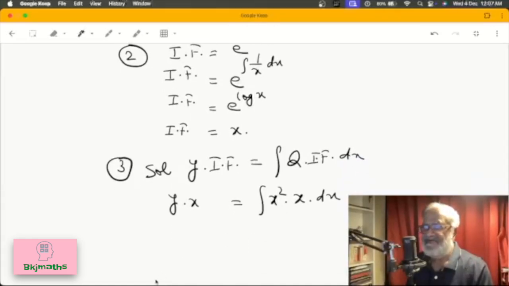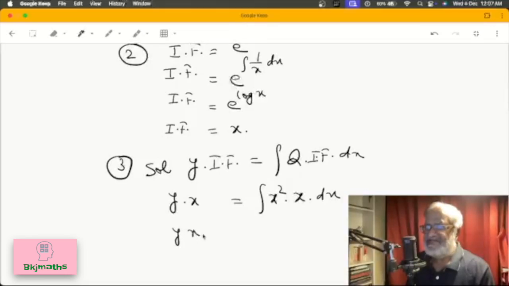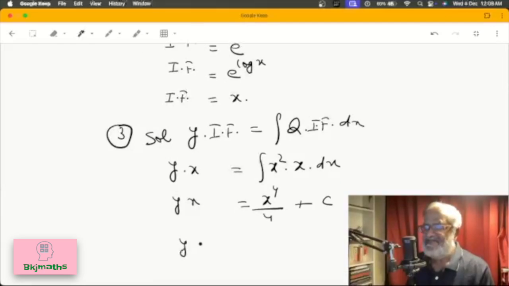So yx equals to integration of x cube, since x square into x is x cube. Apply the power rule: x to the power 3 plus 1 upon 3 plus 1, means x to the power 4 upon 4 plus c. So the value of y is, dividing by x, x to the power 3 upon 4 plus c x to the power minus 1. Answer.